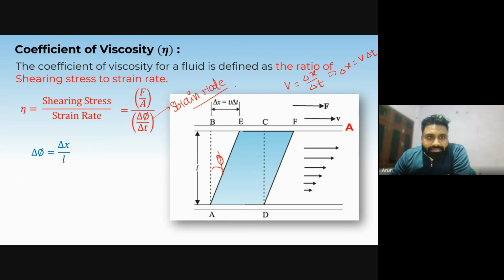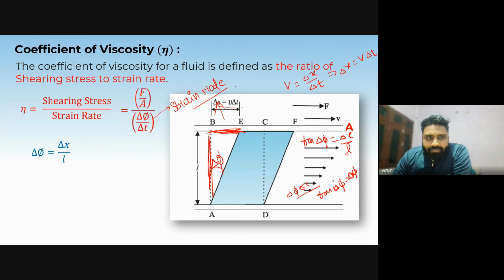So delta phi, if you take this as phi, this as delta x, this angle let's say is delta phi. If you apply tan delta phi, what will it become? Tan delta phi is perpendicular over base. Perpendicular is nothing but delta x, so delta x by L. Now, this delta phi is very, very small, so we will take tan delta phi as delta phi.